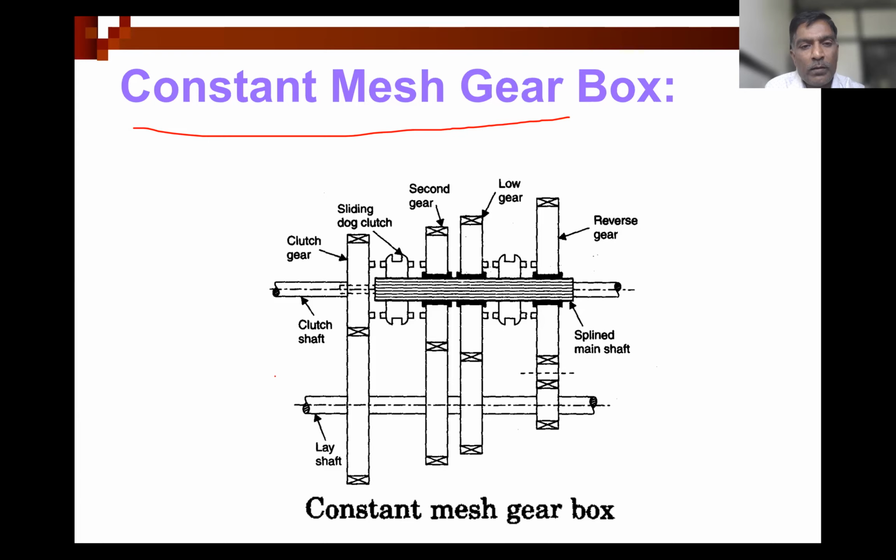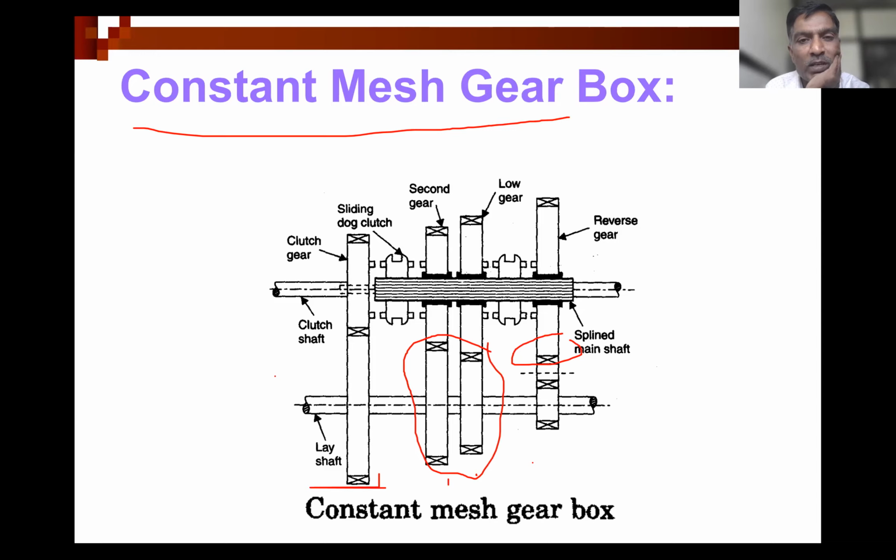So here, this one is the clutch shaft, clutch gear. This is the lay shaft. All the gears on the lay shaft are in mesh with the gears on the main shaft. Therefore, it is called a constant mesh gearbox.